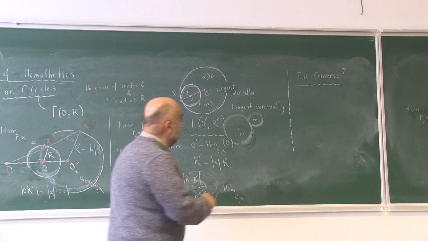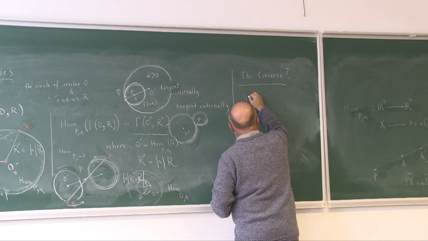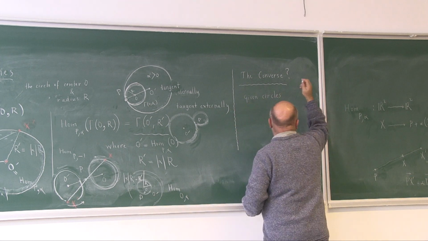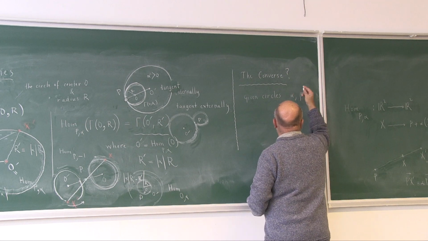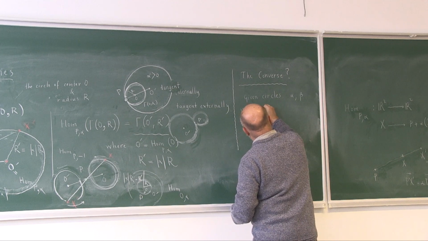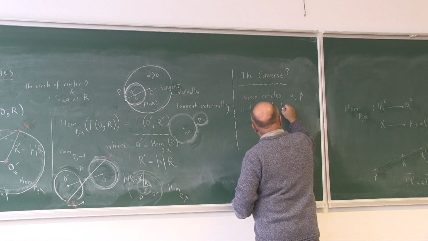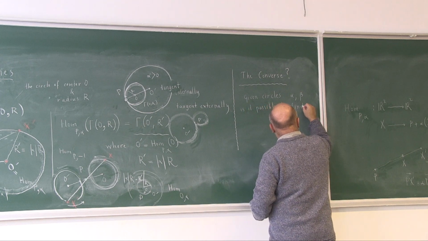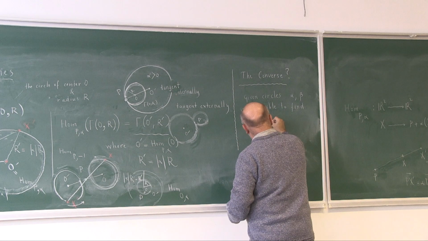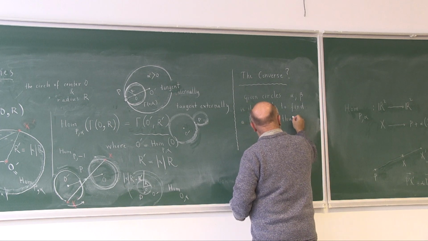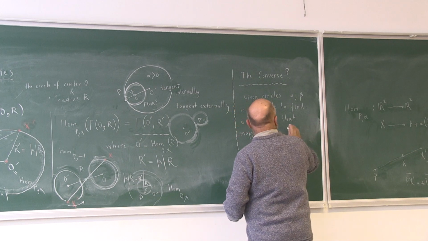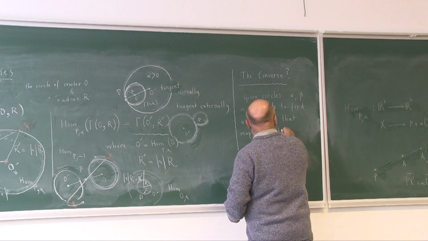So, given circles, let's say alpha and beta, is it possible to find a homothety that maps alpha to beta?